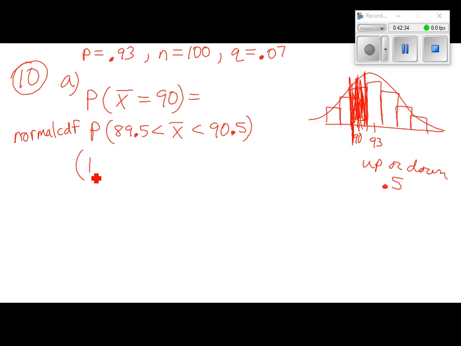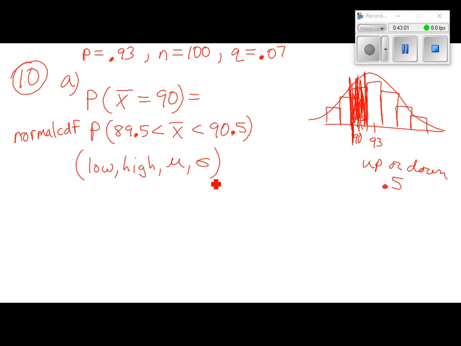Low limit, high limit, mean, standard deviation. So we need those 4 things. Do we have all those things? We got the low limit. We got the high limit.